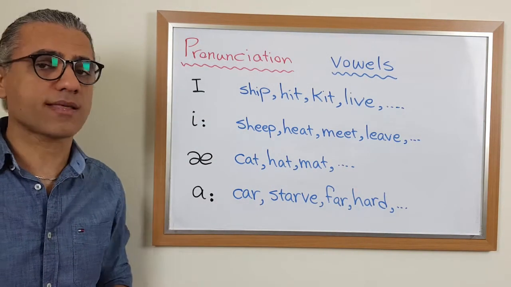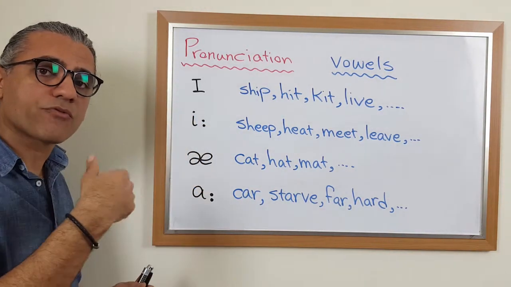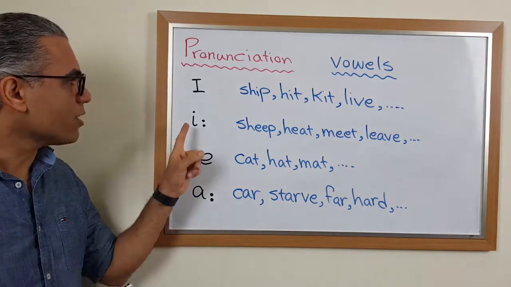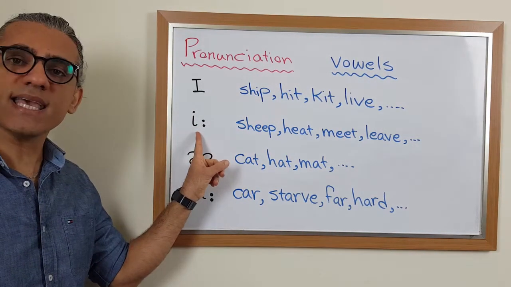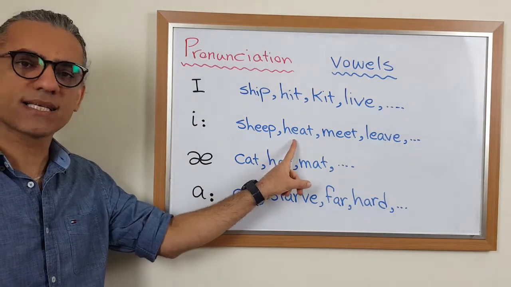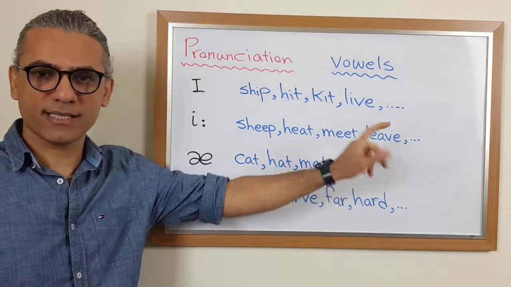This is a long sound, and whenever you have these two dots in front of a sound, it means that sound is a long sound. So this is I, this is E, like sheep, heat, meat, leave, and so on.